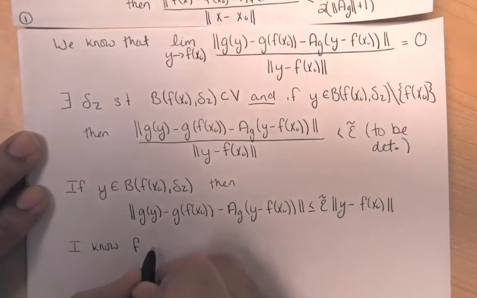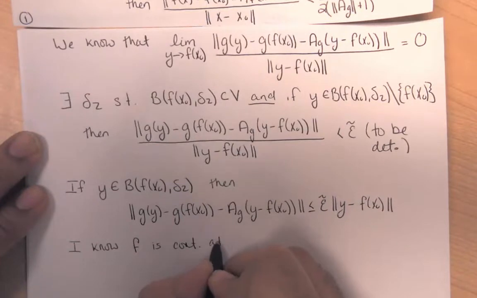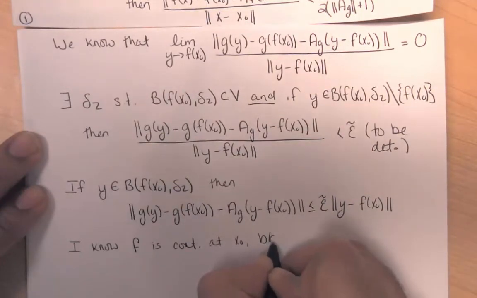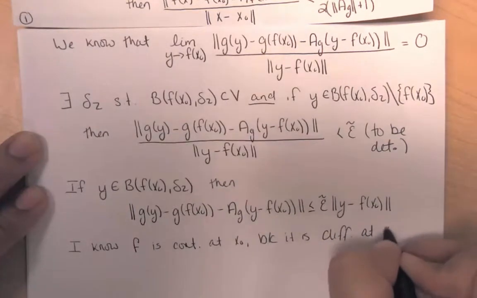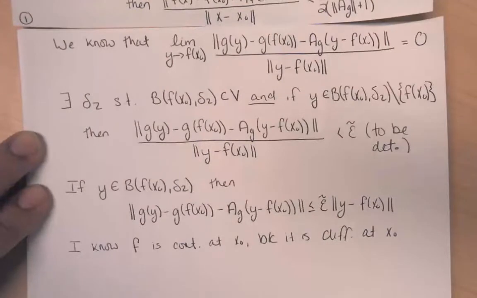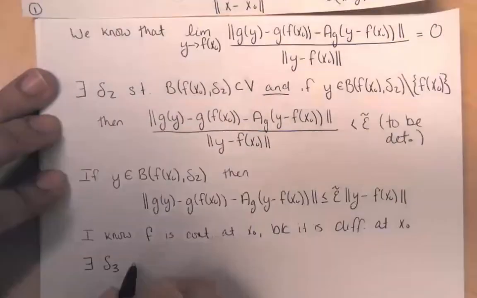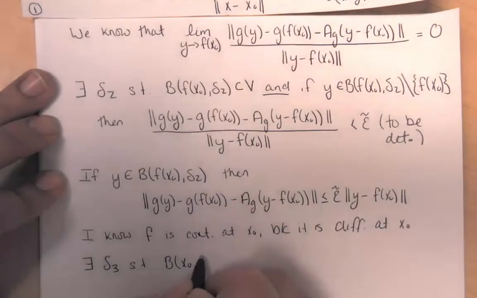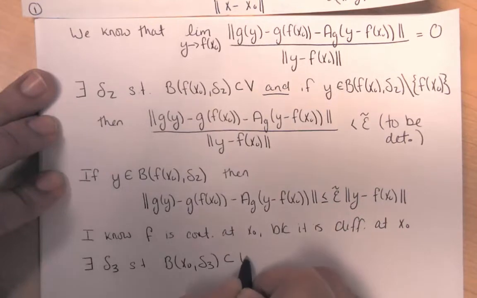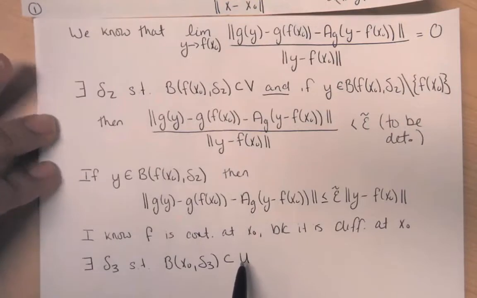So I know f is continuous at x naught because it is differentiable at x naught. So there exists a third delta such that the ball centered at x naught with radius delta 3 is contained in U. Of course, I can make sure that I pick a delta 3 small enough to be contained in U because U is open.